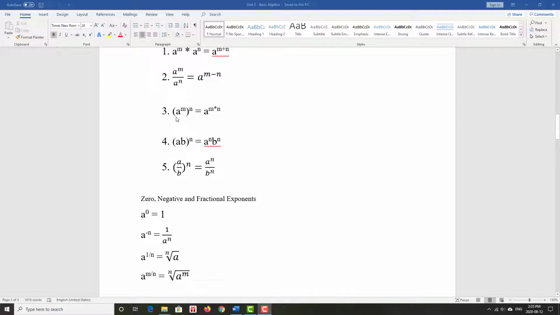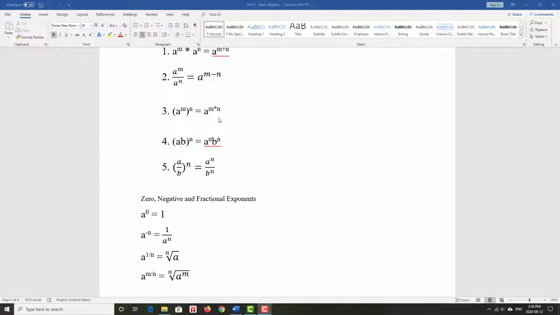We have another situation where we have a base to the power of an exponent, and then that whole number is then raised to another exponent, and that's the same as multiplying exponents. Okay, so it's like a to the m. So we had a to the 3, let's say, right? A to the power of 3, that's a times a times a.